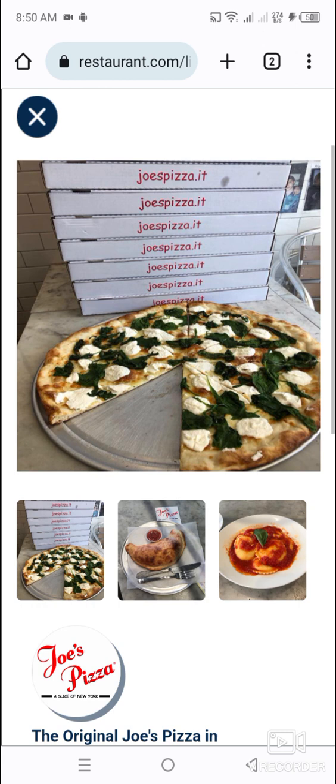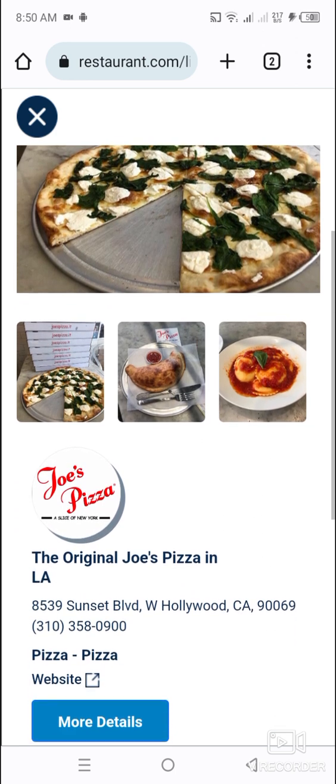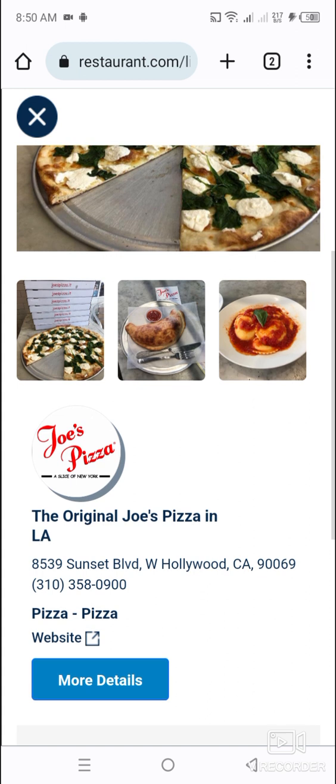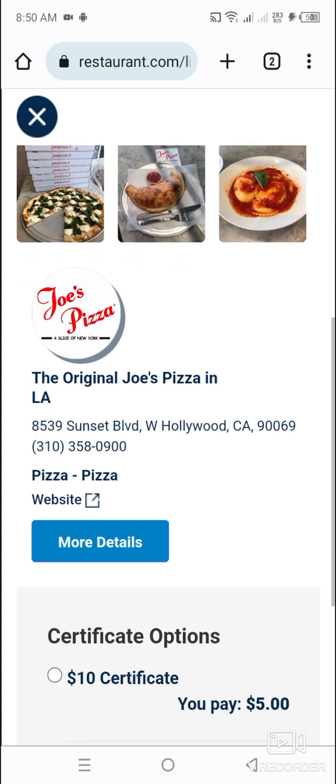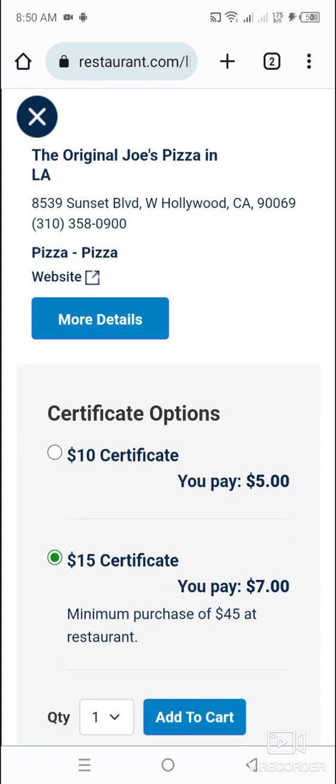It will show us the information about that particular restaurant: pictures of their food items, the exact address of their restaurant, their phone number, of course, and the certificate denominations that this restaurant is accepting from restaurant.com.